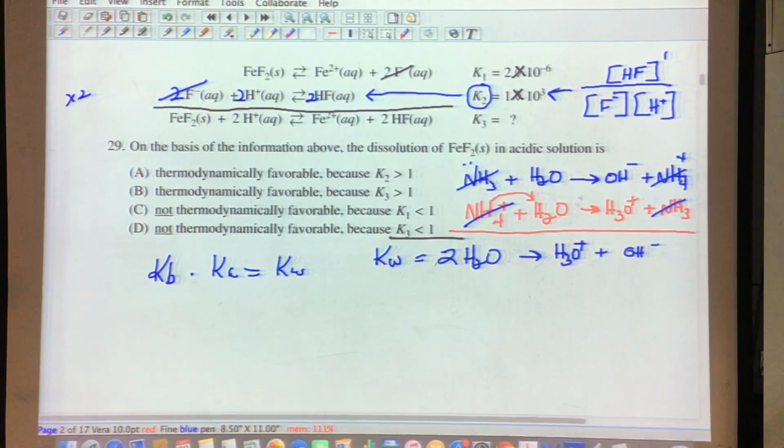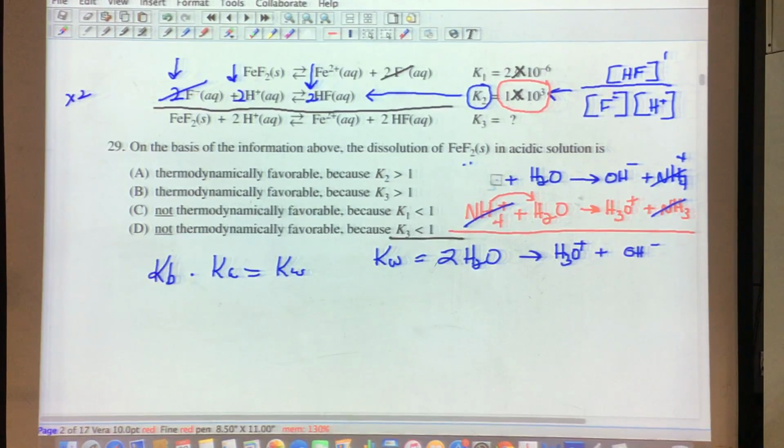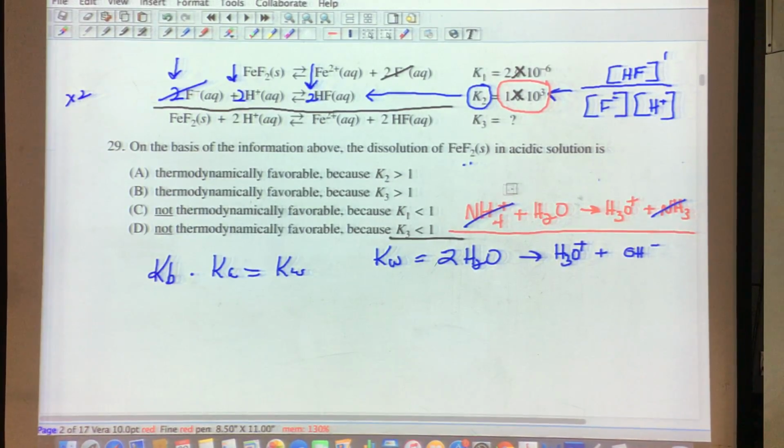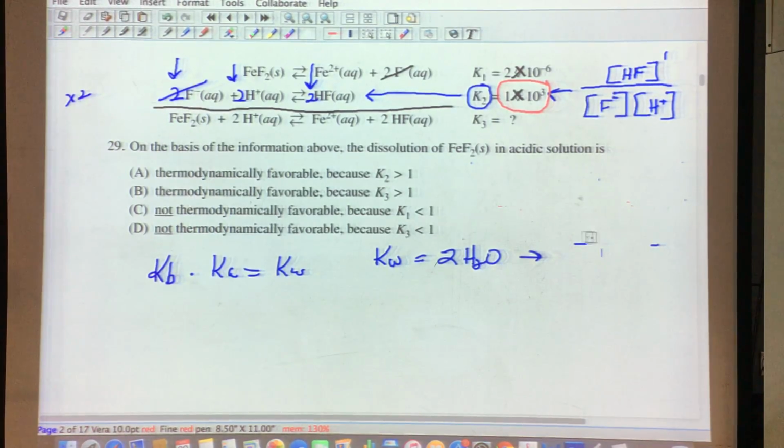Now, when I times everything by 2, now the coefficients are what? Right. Now they're squared, correct? Coefficients become exponents. So what is this number, 1 times 10 to the 3? It's really, what's the number there? Yeah, it's 1,000. So let's write the 1,000.